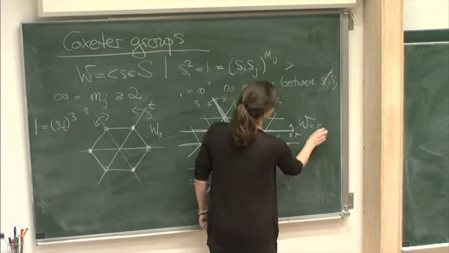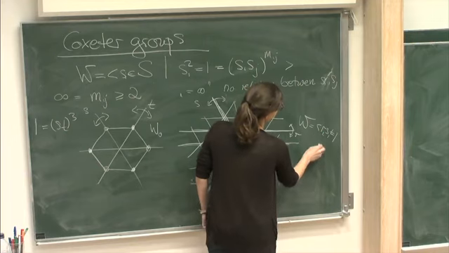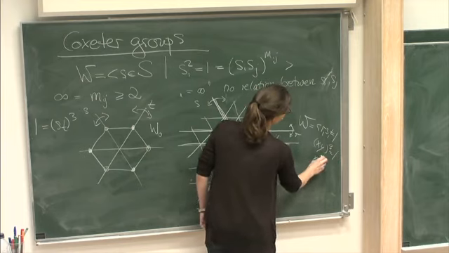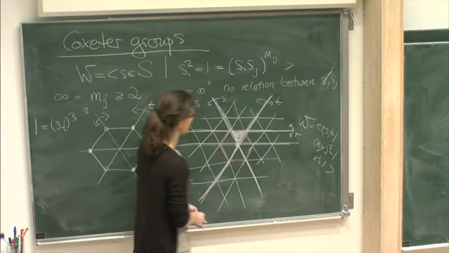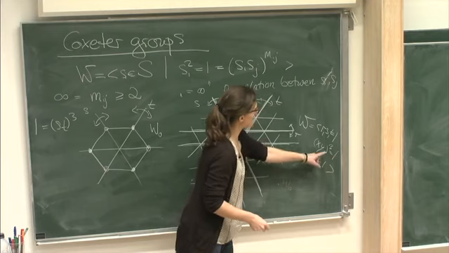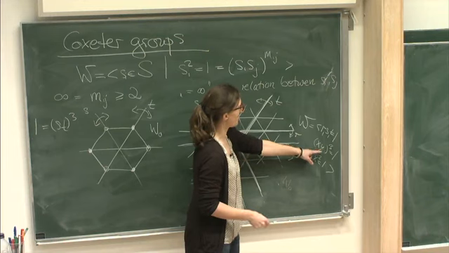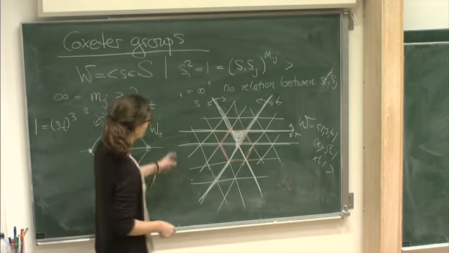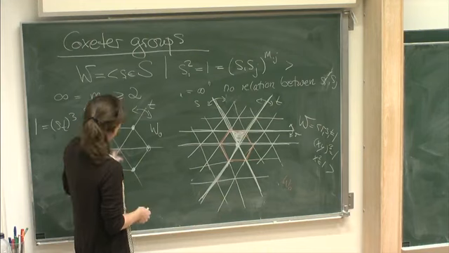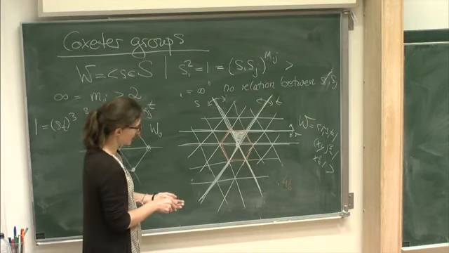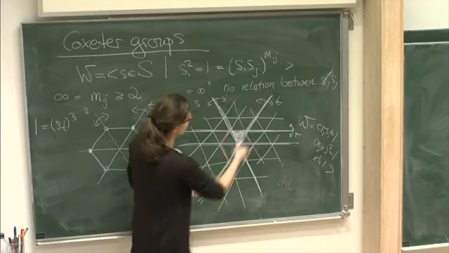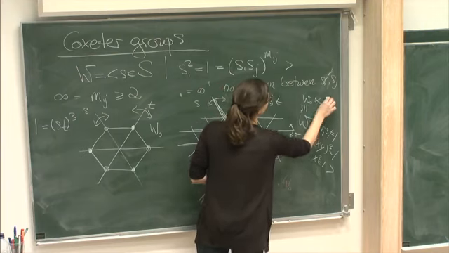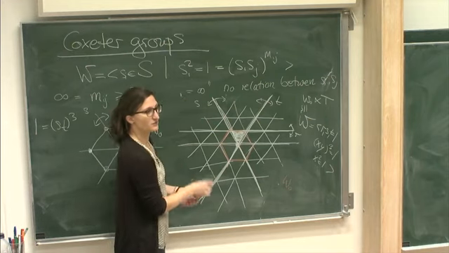Then this W becomes generated by R, S, T, where any pair has order 3 and all the generators, of course, square to the identity. So (xy)^3 equals 1 means any pair x different from y in the set R, S, T has product of order 3. You have this affine group here, and your spherical one fits in naturally, but not only that, actually this group is isomorphic to the semi-direct product of the spherical group and the translation group.